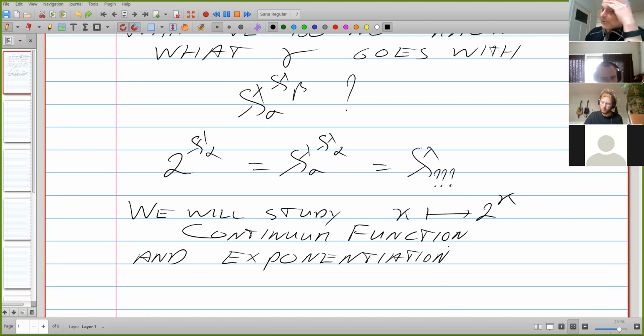And so that's a function of 2 variables. What we will see is that we cannot really determine which index will appear with our Aleph when we say 2 to the Aleph alpha equals Aleph gamma.